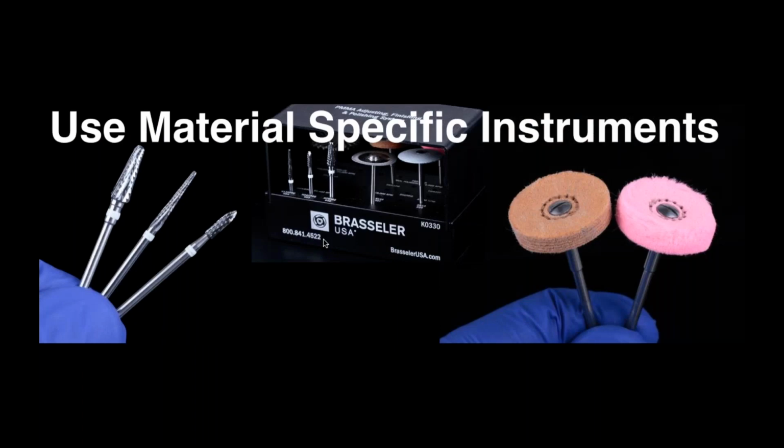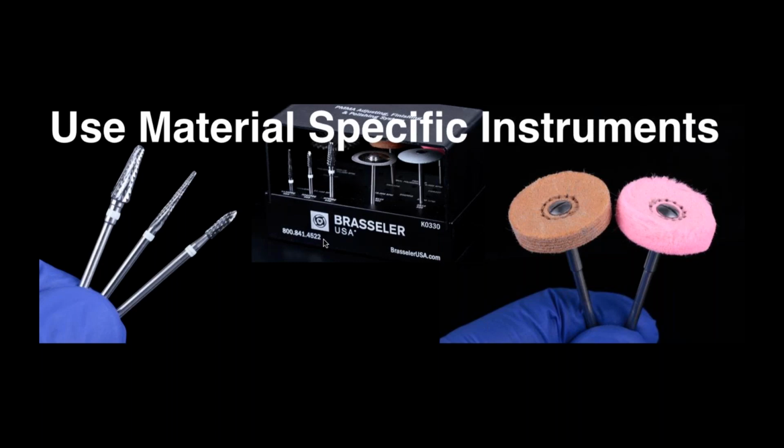Also, I didn't emphasize today, but we did talk last webinar on the importance of having specific material instruments. We need to have instruments for hybrid ceramic, for silicate ceramic, for PMMA, for zirconia, to get the best properties out of those materials.